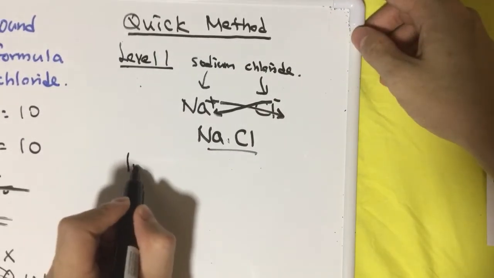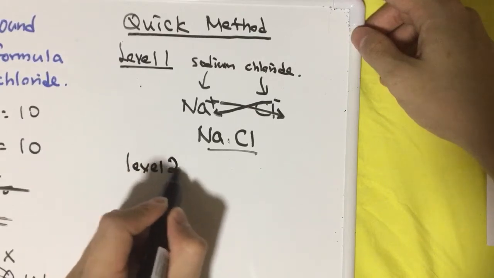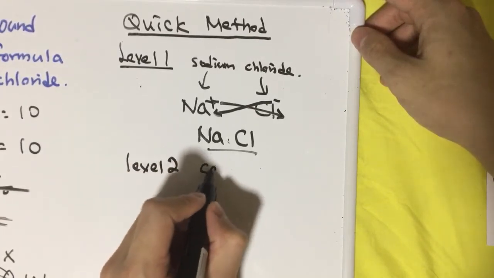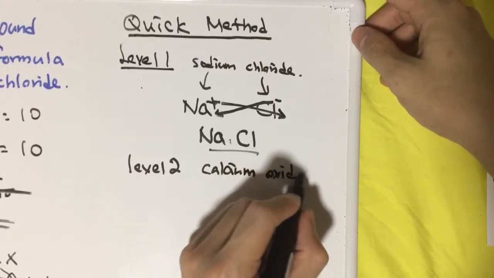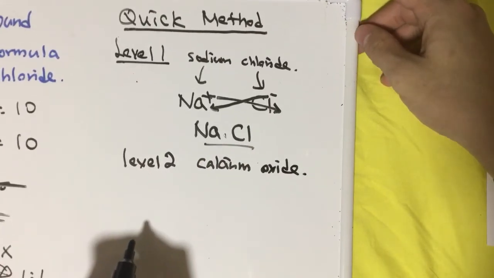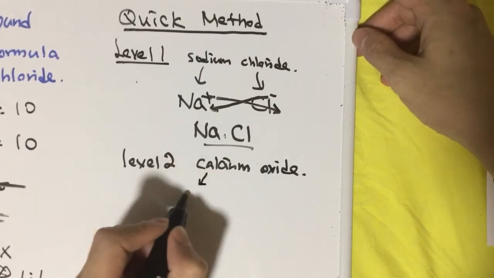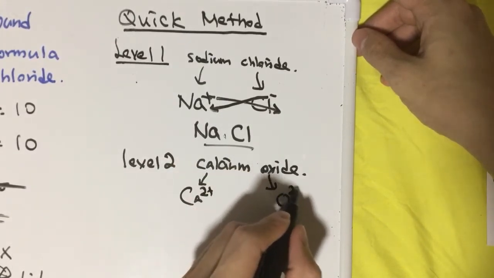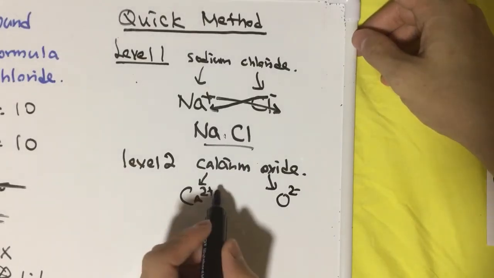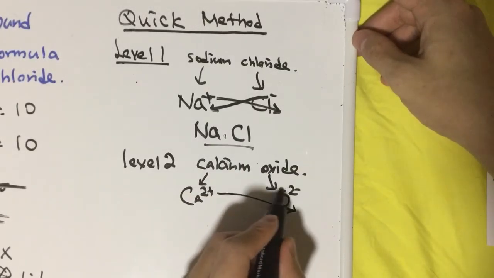Level 2, it will be calcium oxide. So for calcium oxide, once again, write down the ions involved, which is calcium ion and also oxide ion. Secondly, use the cross here.